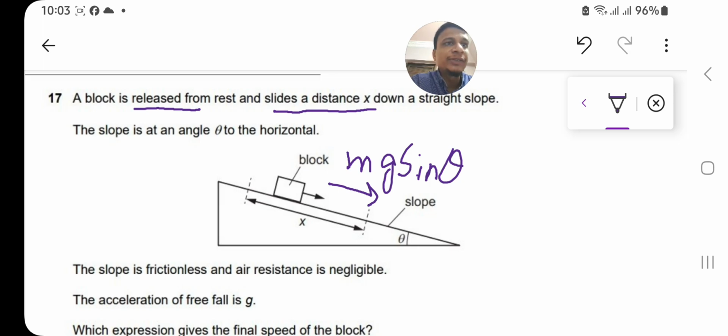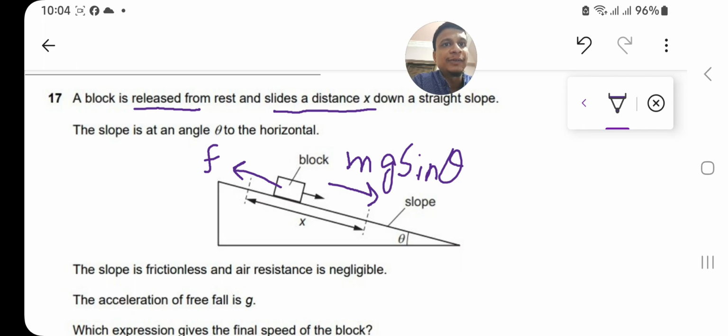Opposing the motion, because the block is coming downward, there will always be friction on the opposite side of the motion. If the block is going downward, the friction will be towards the upside of the slope. Friction will always oppose the motion of the object.